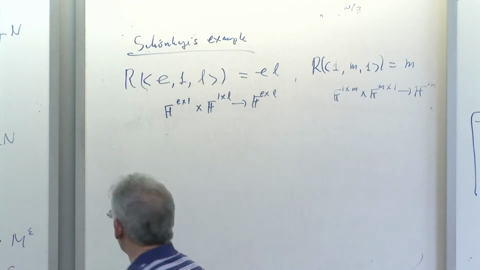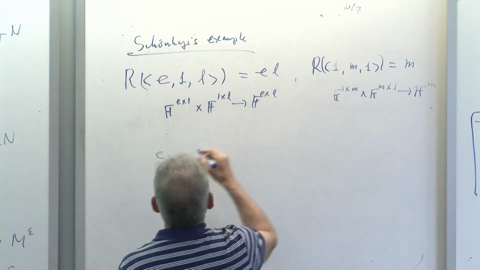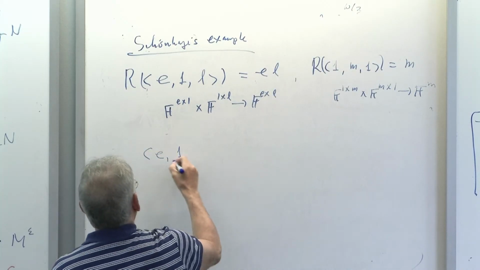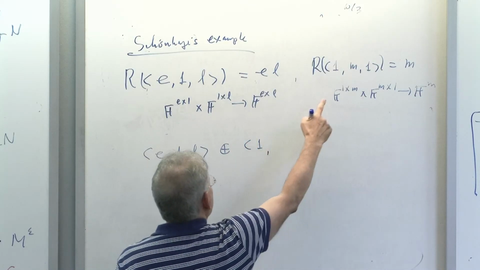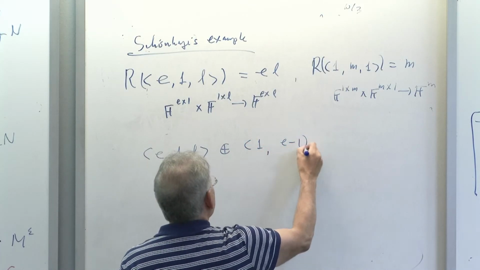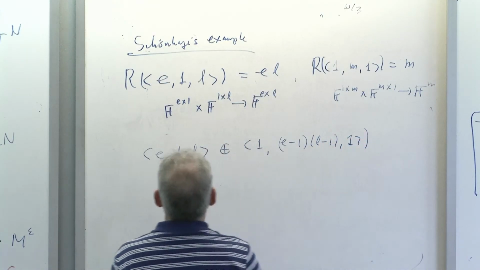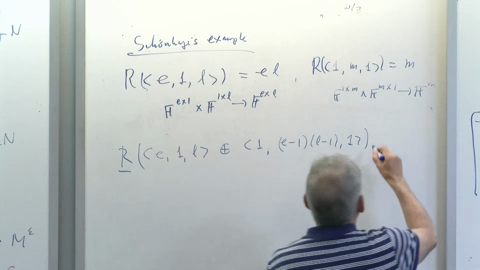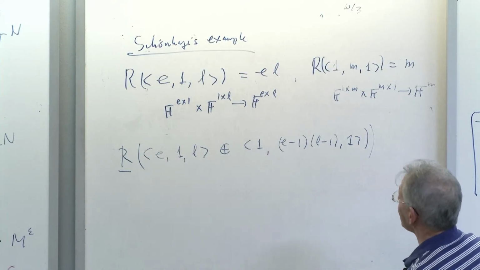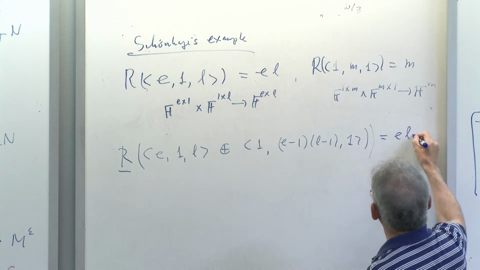Now we do the following. We take a direct sum of two of these, and for M, I take the number (E minus 1) times (L minus 1). Then the border rank, and the amazing statement is that this equals EL plus 1.